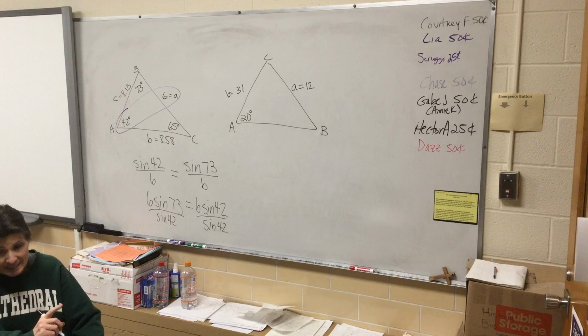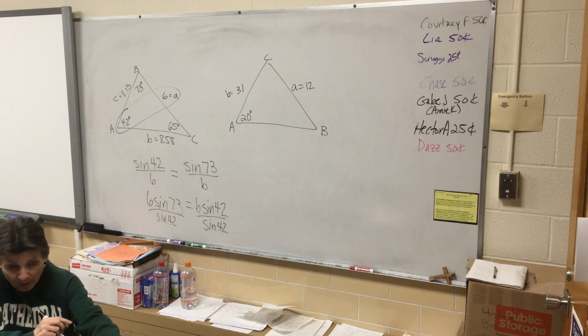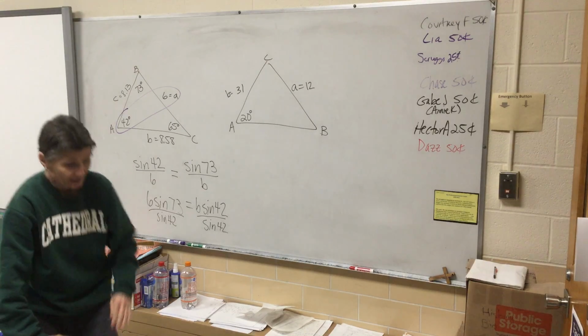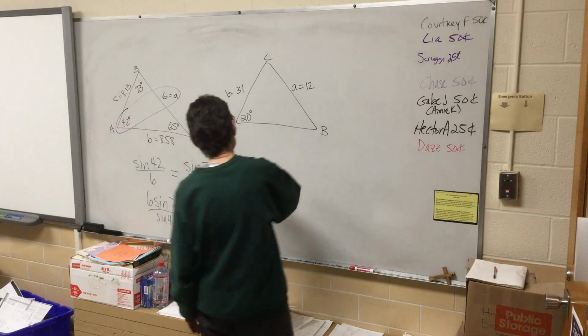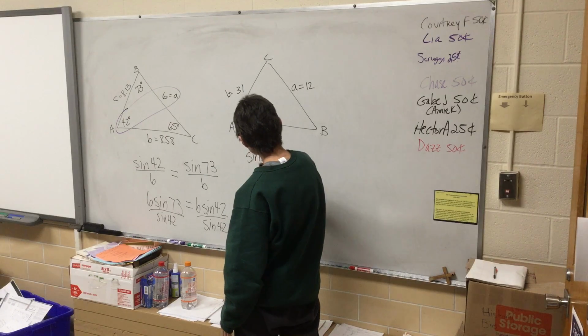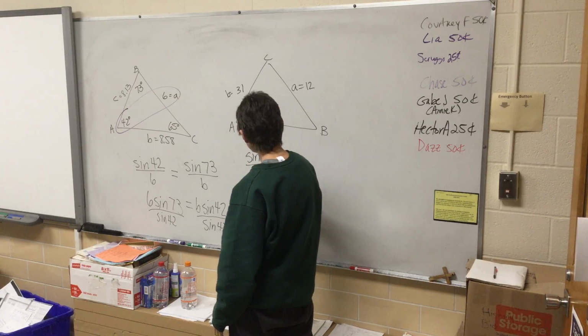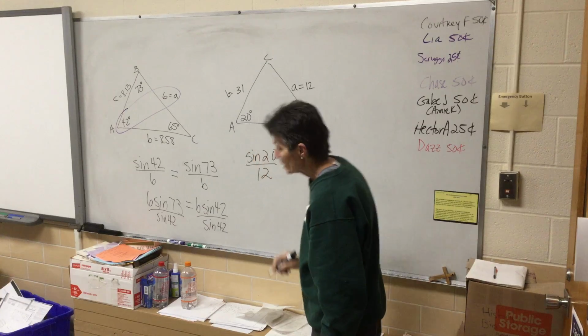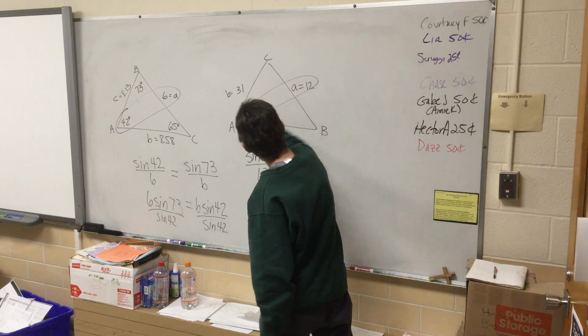Now, it's different because I've clued you in with the directions, so we're not going to be shocked when something different happens. Let's set up our law of sines. Would you agree that I'm going to start with sine 20 over 12? Because that's the set that I have.